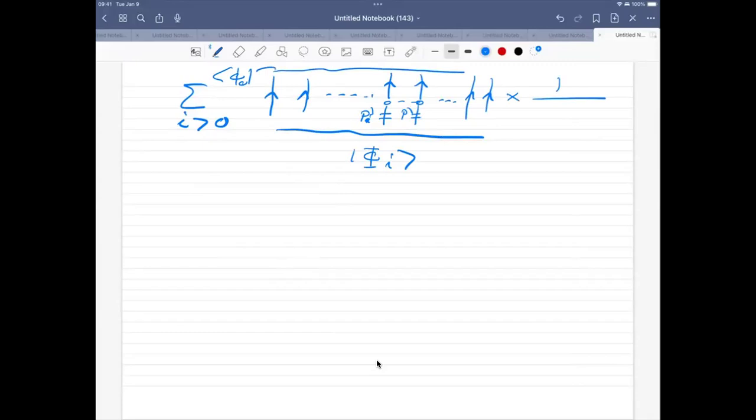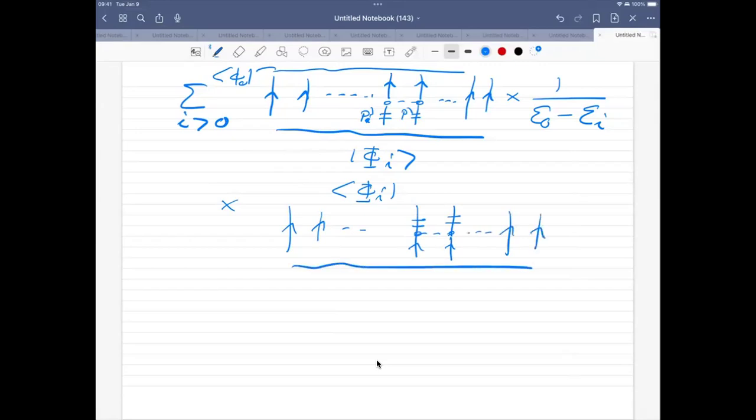So this is the whole contribution: we have an epsilon 0 minus the energy of the intermediate state, epsilon I. This is further multiplied with the state which we call phi of I, the many-body state, which we label like this. And then we have the particle states here. So this is my interaction term, and I have the two intermediate particle states. So this is one possible contribution. And then this continues to the final state. And before the interaction, what we had is just the state phi 0 here.